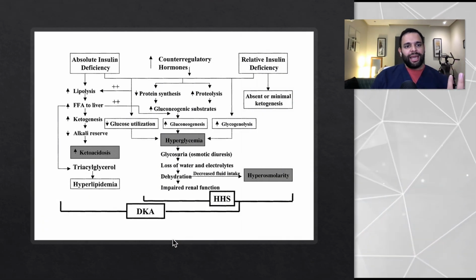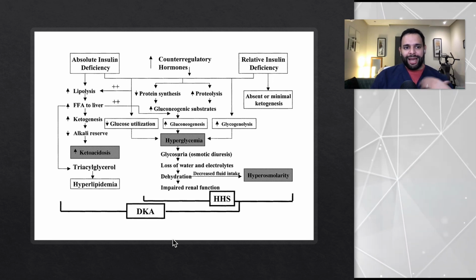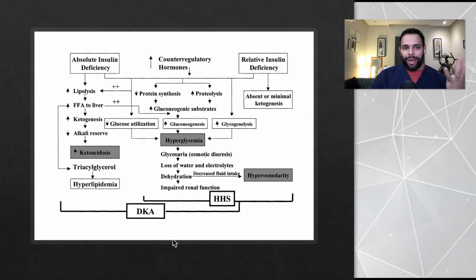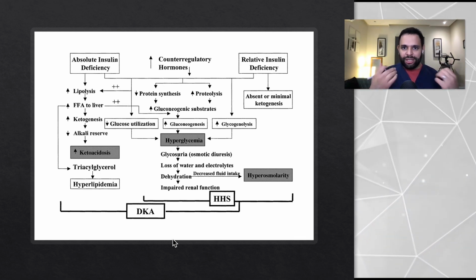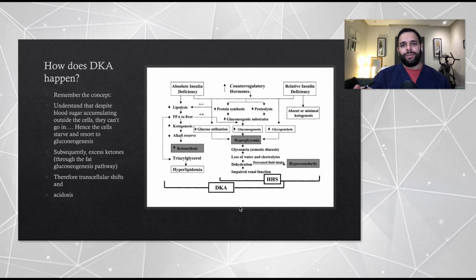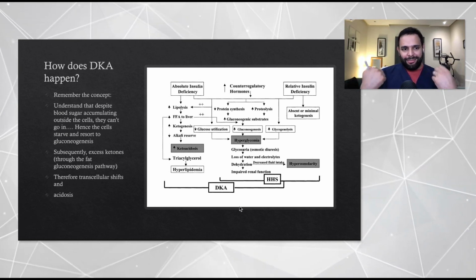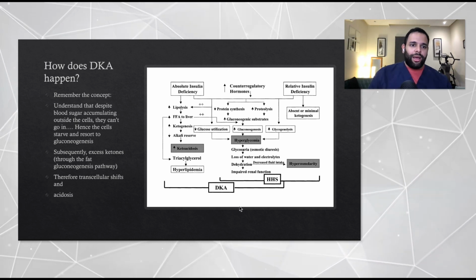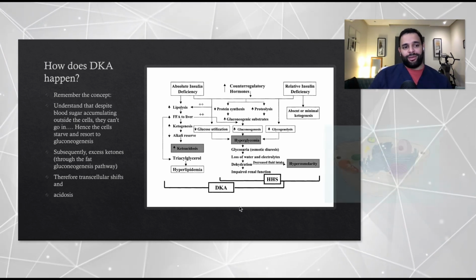How does DKA happen? The concept is to understand that despite blood sugar accumulating outside the cells, it cannot go in. It's as if the cells are seeing a really delicious glucose meal on the outside, but they cannot absorb it, and that makes them angry. And so the cells starve and resort to gluconeogenesis because they want to survive.